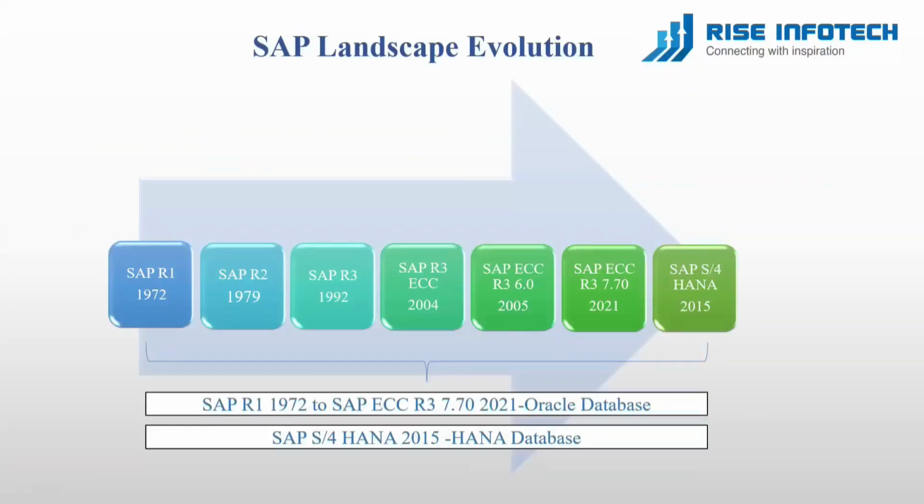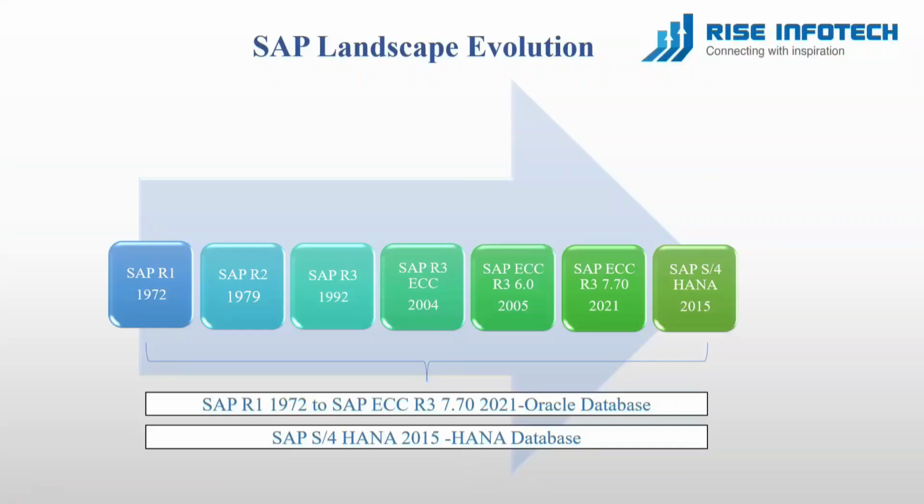Then coming to SAP landscape evolution. SAP R1 started in 1972 and SAP R2 started in 1979. These were failed versions.